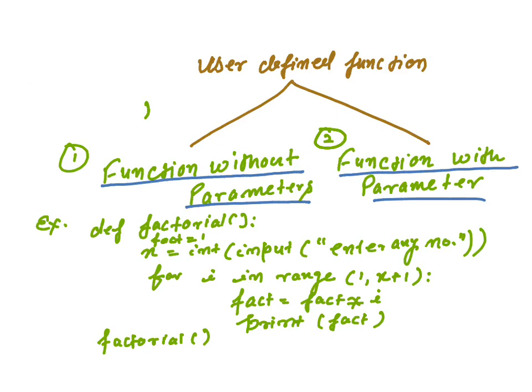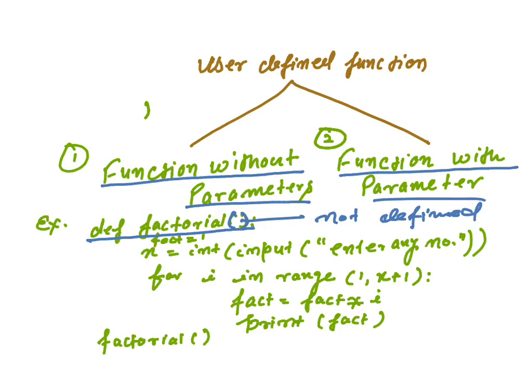It means if you have defined this function and within the parenthesis of this function you have not defined any variable, then this function will be called a function without arguments or without parameters. As yesterday also, we discussed the function without parameters, how we write it, how we call it and how we execute it.